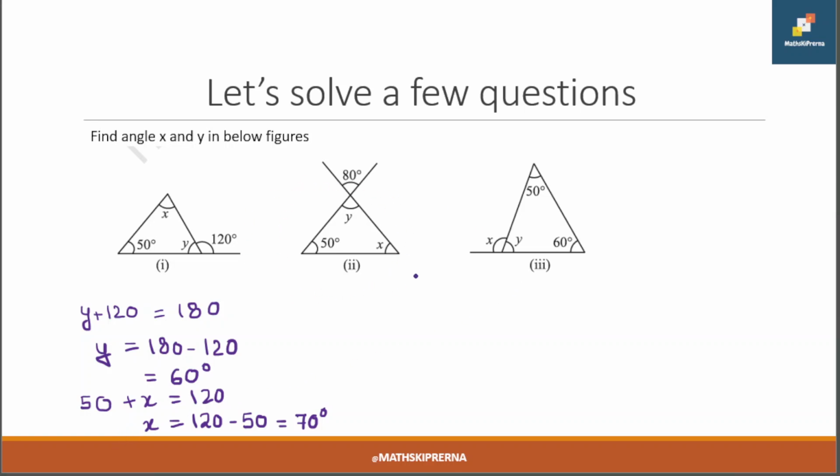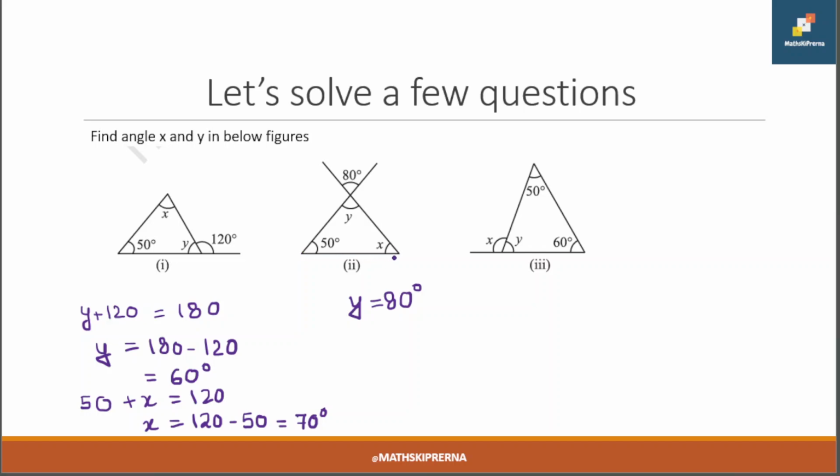In the second figure, now we have to find x and y. Can we find a relationship between y and the other angle, 80? Yeah. So these are vertically opposite angles. So simply we can write y is equal to 80 degrees. Now we have y, we have 50, and we have to find x.